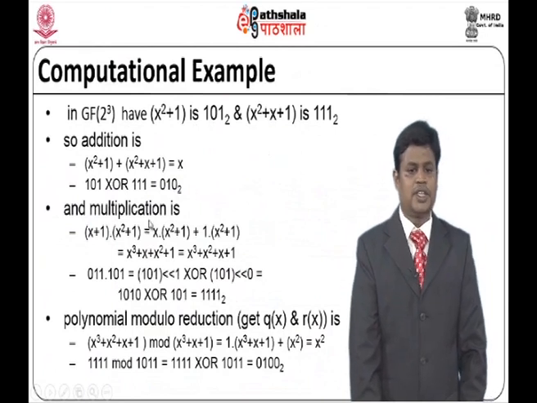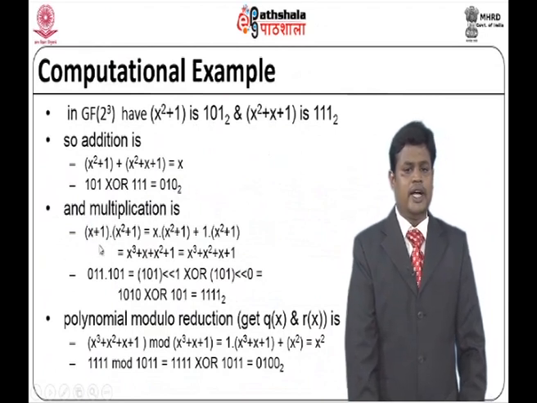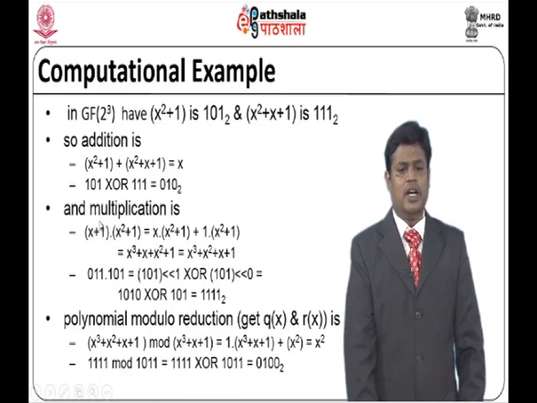Similarly, let us go for multiplication, when I am taking x plus 1 into x square plus 1. How do we do the polynomial multiplication? We take the first term x and multiply it with this, and 1 multiplies with this. What you are going to get is x cube plus x, plus x square plus 1, that is x cube plus x square plus x plus 1.